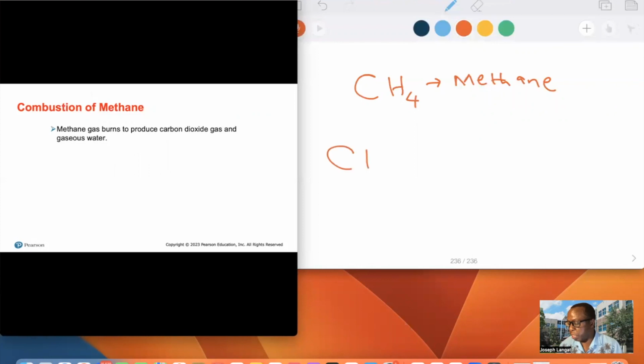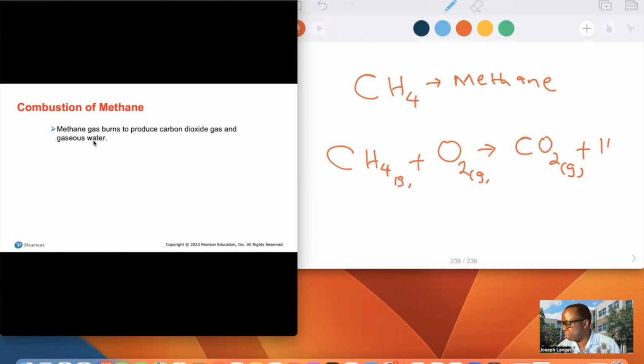So if I have CH4, the natural gas, plus oxygen, O2, to produce what? To produce carbon dioxide, you should be able to write the formula for carbon dioxide, plus H2O. It's not always that water is in liquid state.